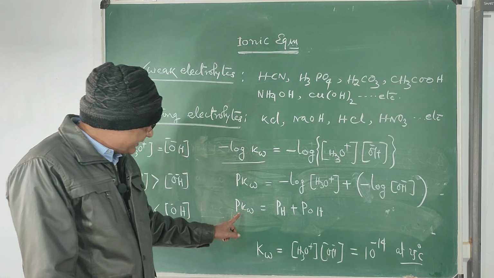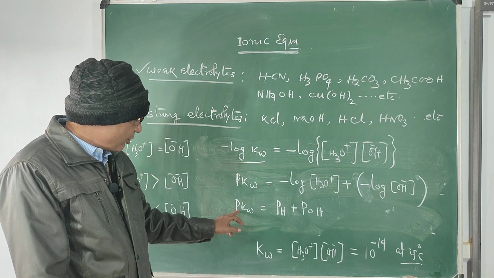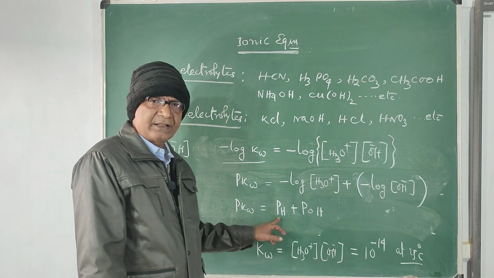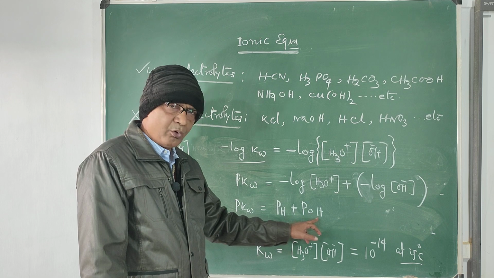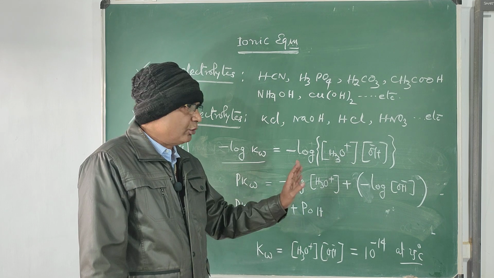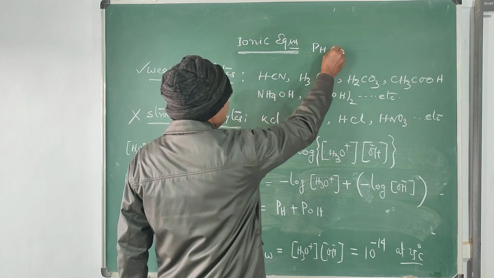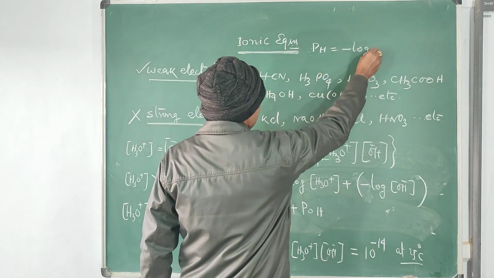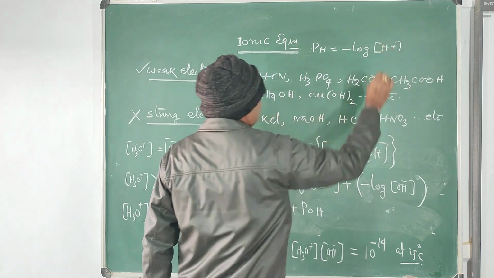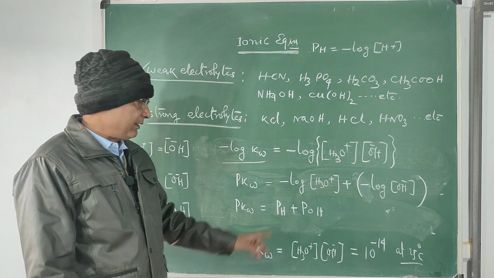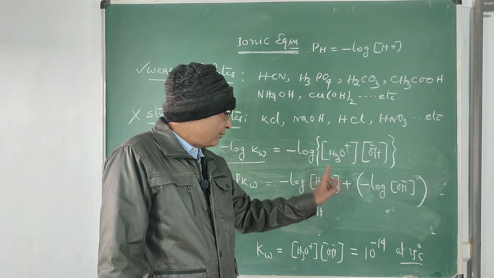If you expand it, it is minus log Kw equals minus log H3O plus concentration minus log OH minus concentration. So pH can be written this way: pH equals minus log of hydrogen ion concentration. Since hydrogen ion exists in the form of hydronium ion, that's why we are writing H3O plus.